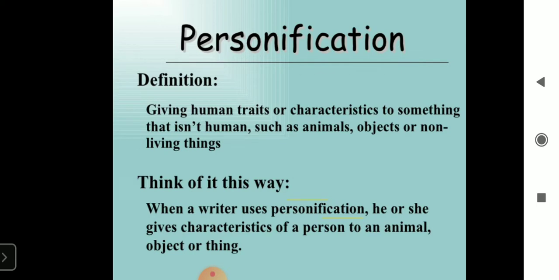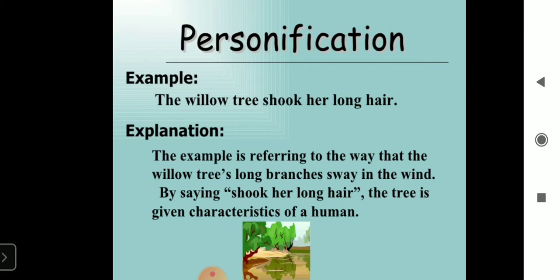For example, the willow tree shook her long hair. Right? How can a tree shake her long hair? The tree is not a human being who is having long hair, right? It means the branches of the tree were swaying in the wind, just like the hair of a person, right?